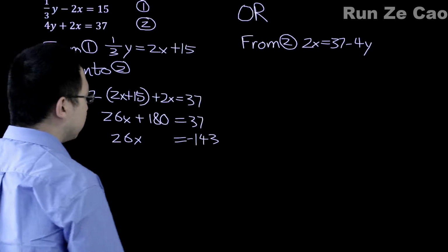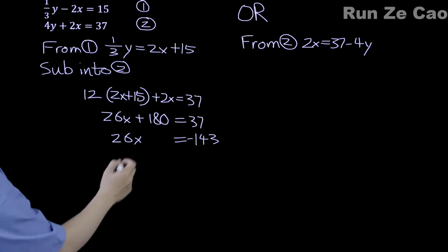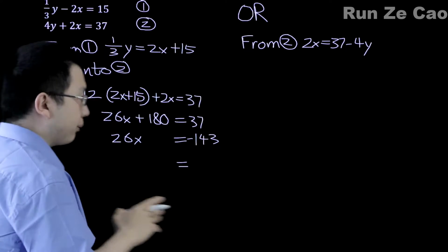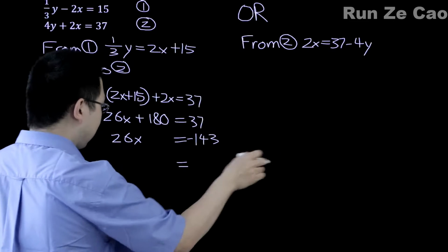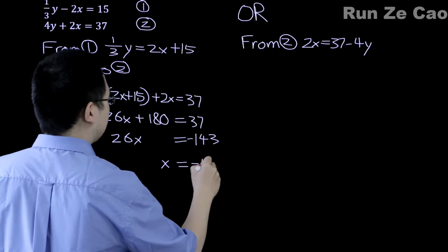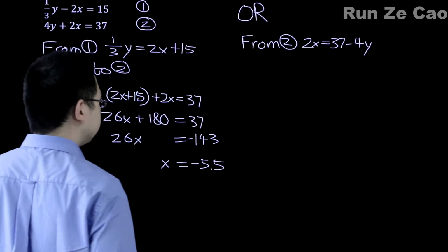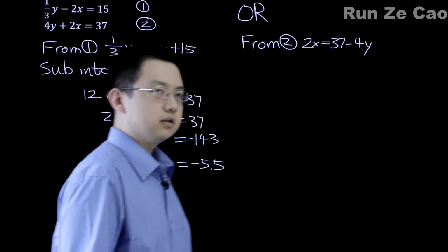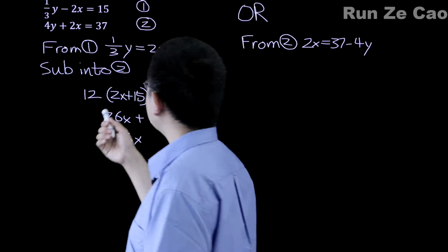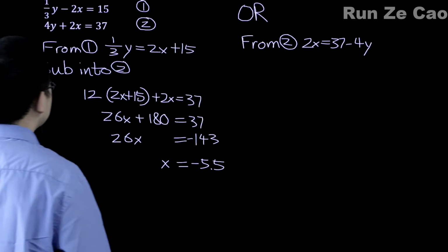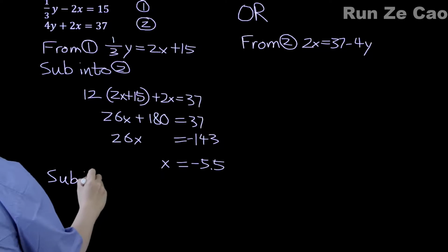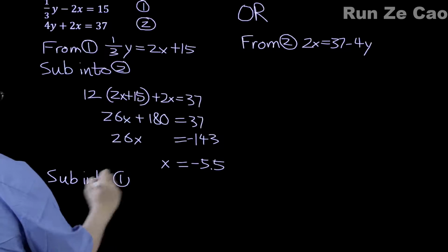So, what can we do? Well, first of all, if we want to do this by hand, it is more practical to cancel first, in which case this becomes negative 11 and this becomes 2. But if we did this by calculator, we would find ourselves with negative 5.5. Now, for y, we know that 1/3 y equals 2x plus 15, or alternatively just sub into 1.